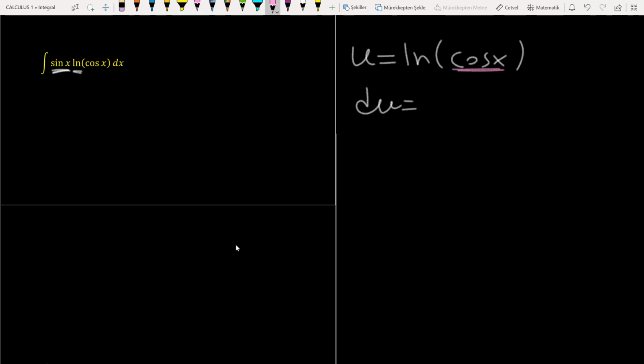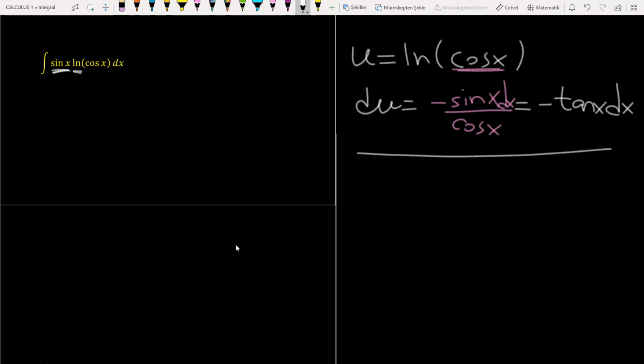Derivative of cosine is minus sine x over inside cosine x. So this is equal to minus tangent x. Of course we have dx here, minus tangent x dx. So this is du.